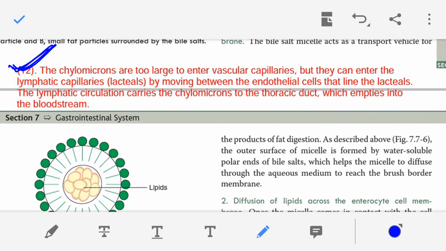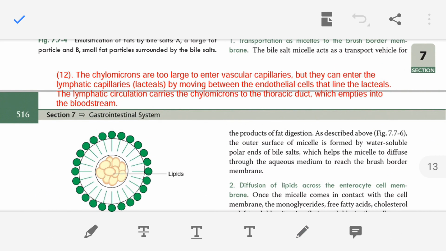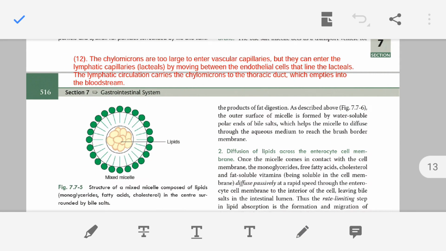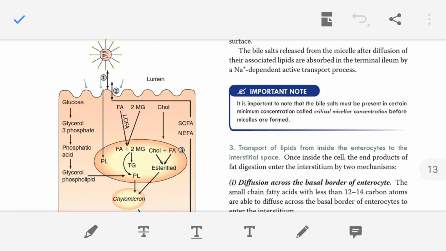The chylomicrons are too large to enter the vascular capillaries, but they can enter the lymphatic capillaries, and these lymphatic capillaries are known as the lacteals. I know this is a bit difficult, so with the help of the figure I am explaining this last point, so you will easily understand that.